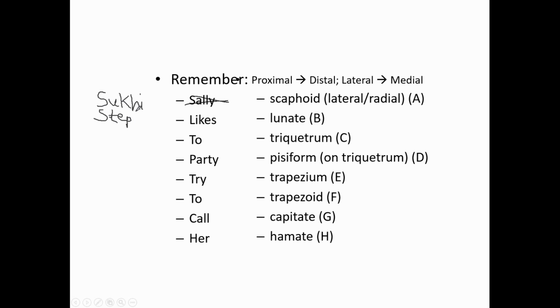So Suki and Stefan like to party, try to call him or her. You see how the first letter, S, L, T, try is the third one, P, trapezium is closer to the thumb, trapezoid, capitate, hamate. So there you go. That's how you're going to remember it.